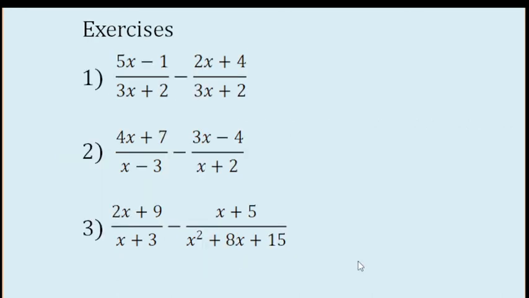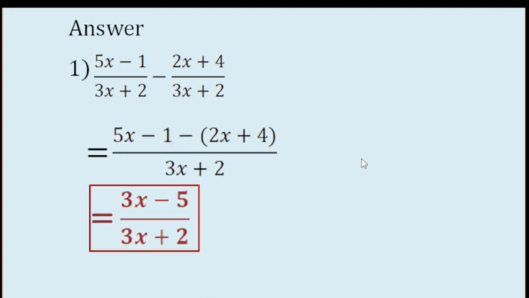Now I prepared here 3 items for you to try to work on. You can pause the video. Okay, if you are now ready, I will show you the answer. So this is the answer for item number 1, 3x minus 5 over 3x plus 2. I have here the details of the solution.